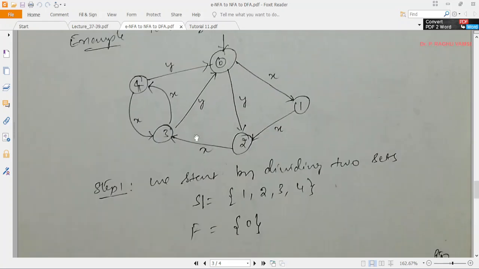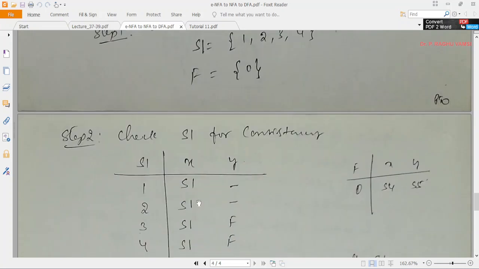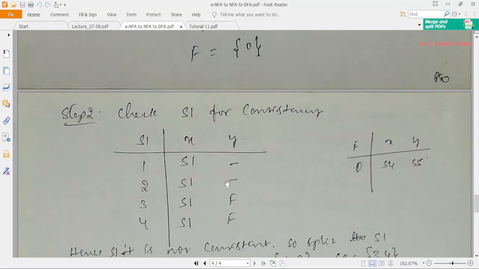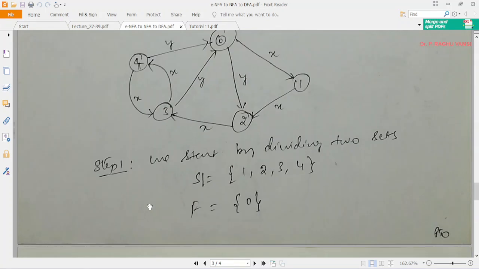On 2, if you provide X, what is the resultant state? It is 3. This state is available again in S1. And on 2, if you provide Y, there is no possible input of Y on 2, so it is empty. Now on 3, if you provide X as the input, it results in the state 4.